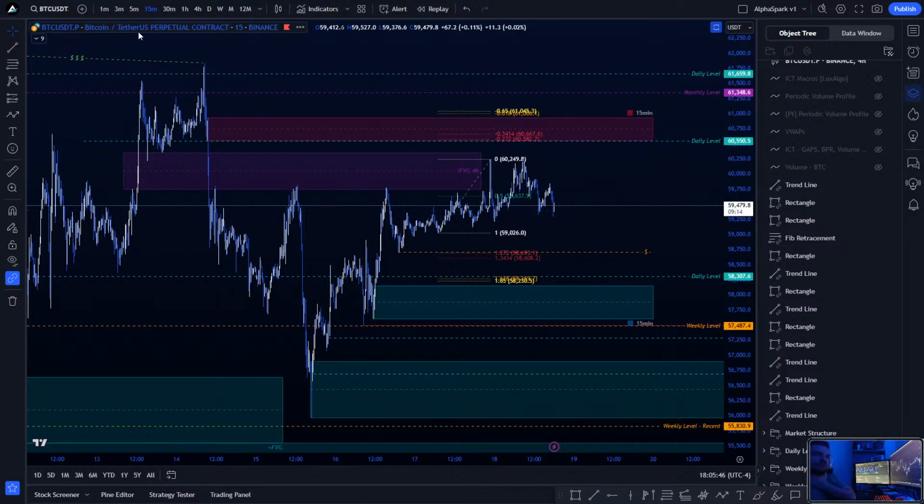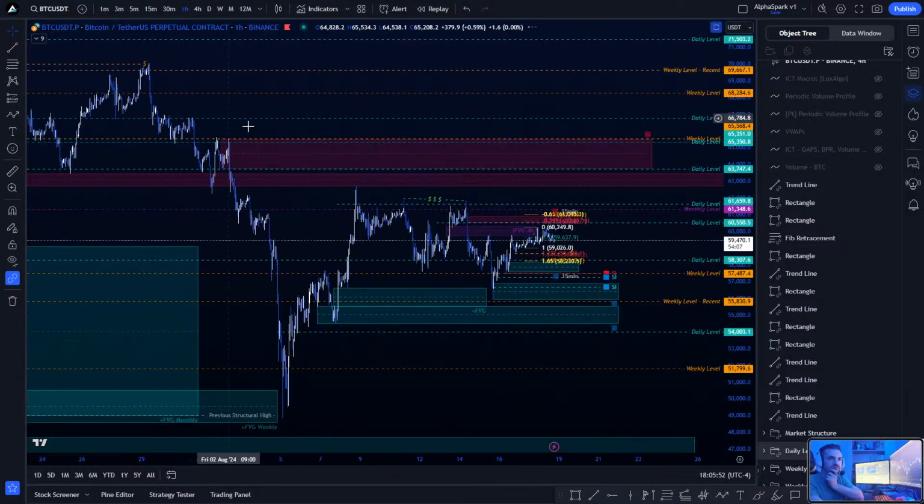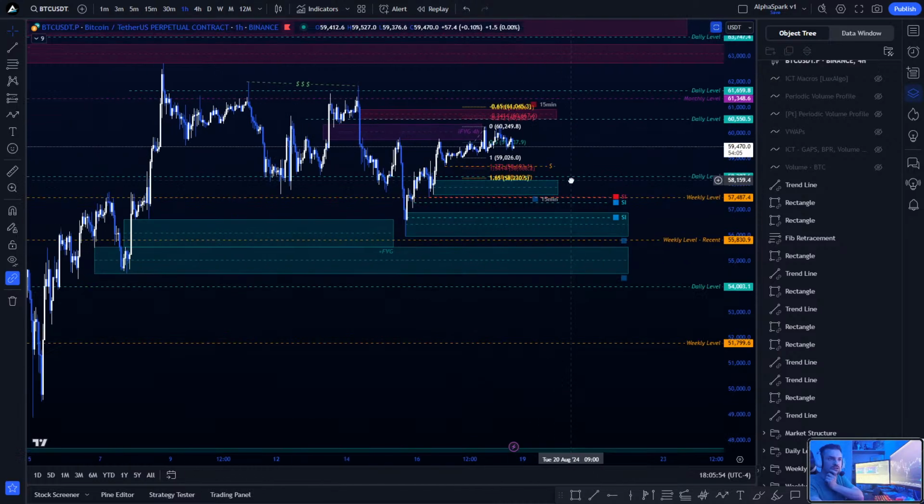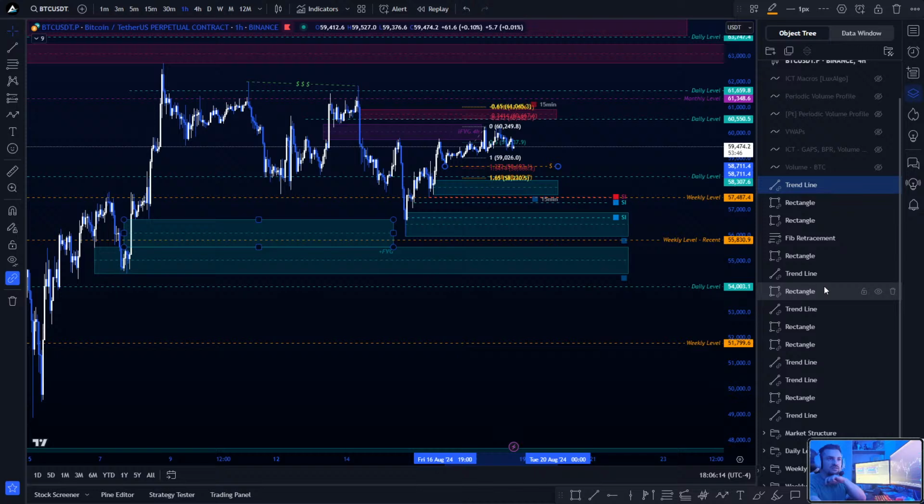So overall, for a quick recap, we are very much in choppy price action. I think I have a better chance of success if I focus on liquidity grabs and their reactions. So one idea would be this one at 58,700.